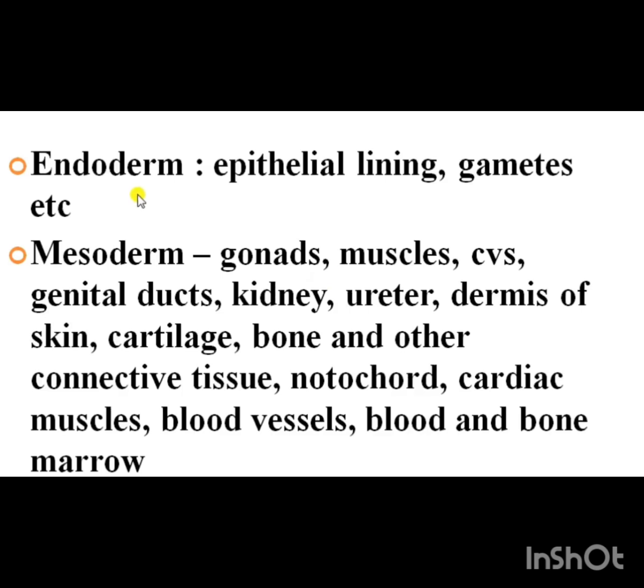From the endoderm, the structures formed are the epithelial lining, gametes, that is both sperm and oocytes, etc. From the mesoderm, the structures produced are gonads, muscles, cardiovascular system, genital ducts, kidney, ureter, dermis of the skin, cartilages, bone and other connective tissue, notochord, cardiac muscles, blood vessels, blood and bone marrow.